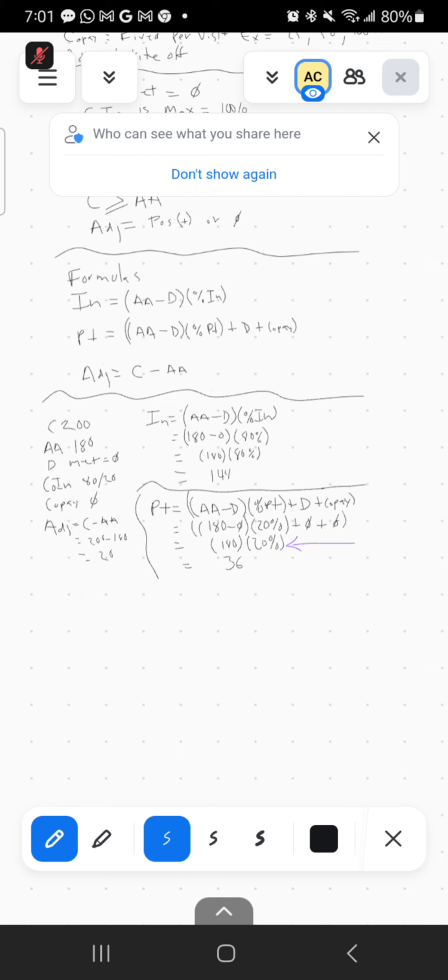Someone in the chat had a question I wanna address. Can you do this in a calculator? 180 times 80%.